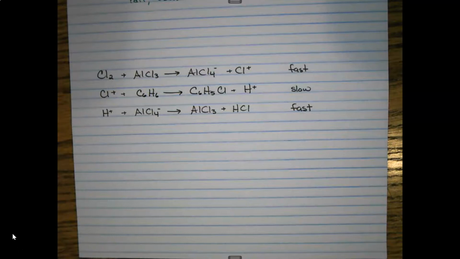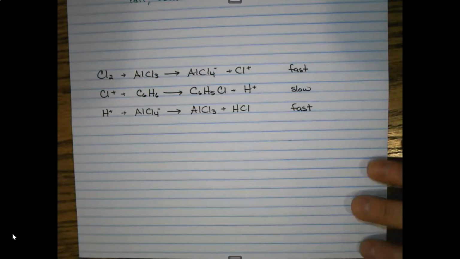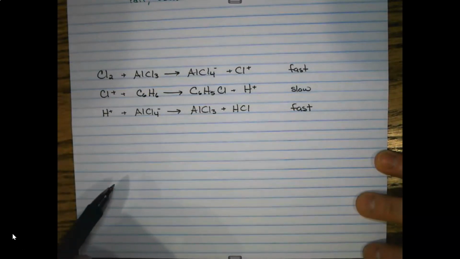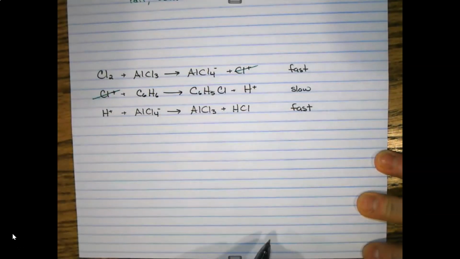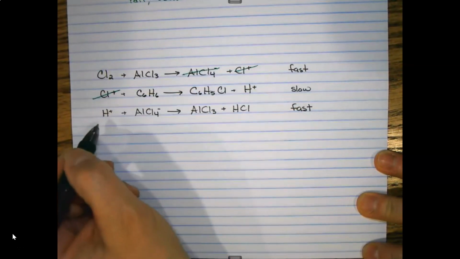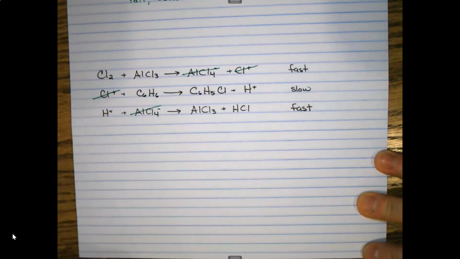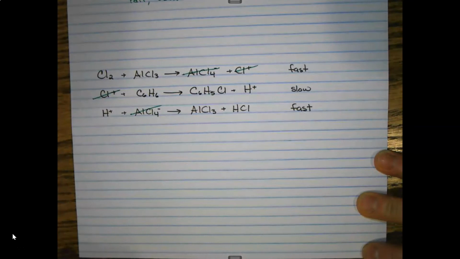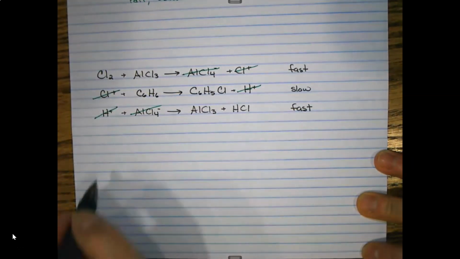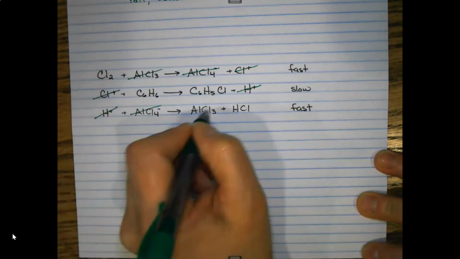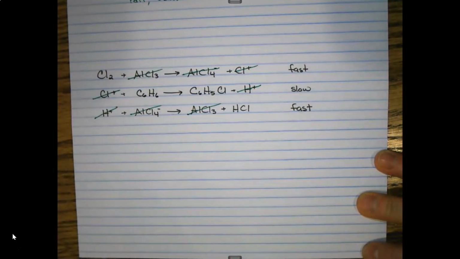Okay, so hopefully you paused. We're going to go through and cross things out like we did before. So I see Cl+ and Cl+. I see AlCl4- and AlCl4-. I see H+ and H+. And I see AlCl3 and AlCl3. Those are all the things that I can cross out.